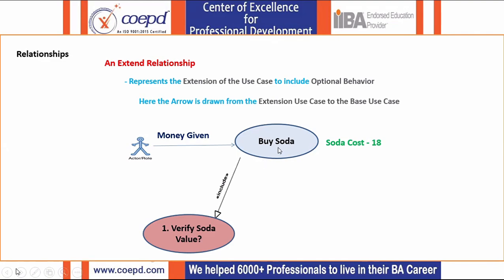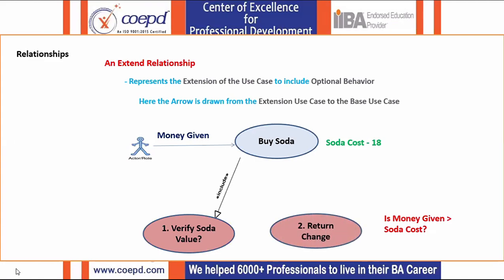After inserting the value, for example, he inserted 20 rupees, now we are going to give the soda, and along with the soda, what has to be given? Balance. Suppose he inserted exactly 18 rupees, only the soda.